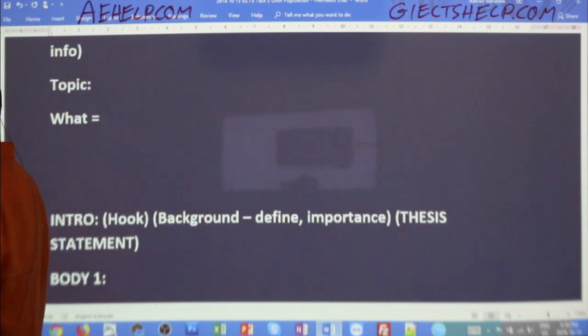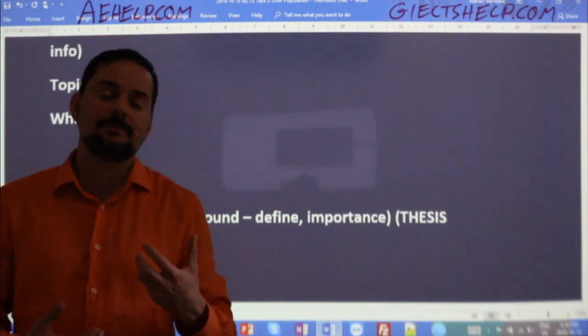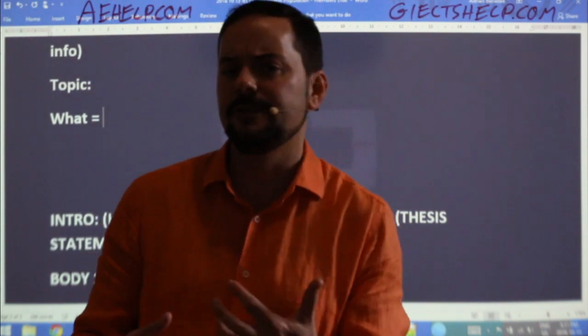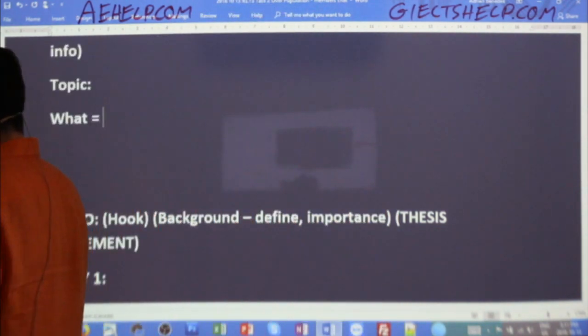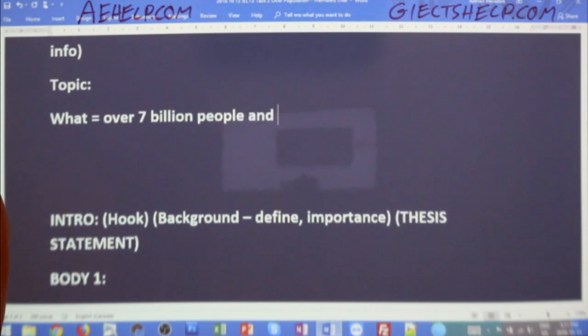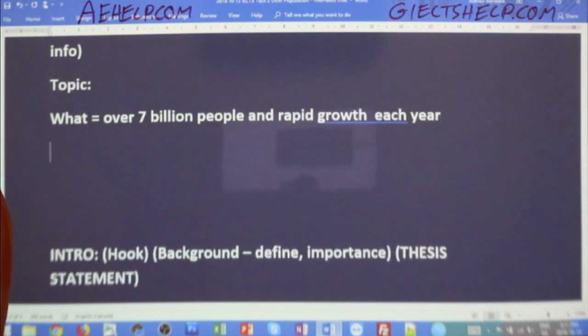So what does it mean? You want to be quantitative here. So again, I'm going to be moving a little bit fast. And if you're thinking the same as me, great, or something similar. If not, think about, why am I thinking differently than Adrian about this? And is Adrian wrong, or maybe I'm wrong? And then you can ask me, okay? So I can say over 7 billion people and rapid growth each year. Okay, why?